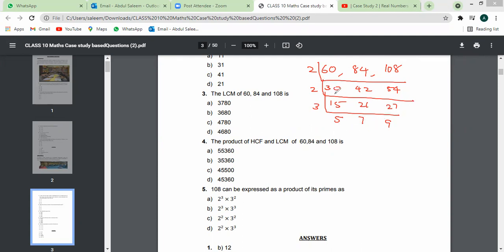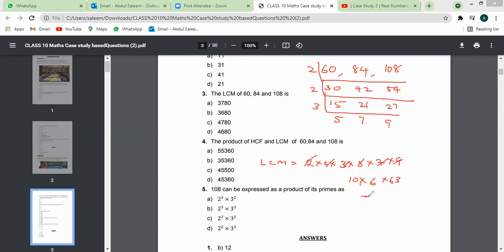So what is the LCM? LCM equals the product of all these numbers. That is 2 into 2 into 3 into 5 into 7 into 9. We can multiply 2 into 5 becomes 10, 2 into 3 becomes 6, and 7 into 9 becomes 63.